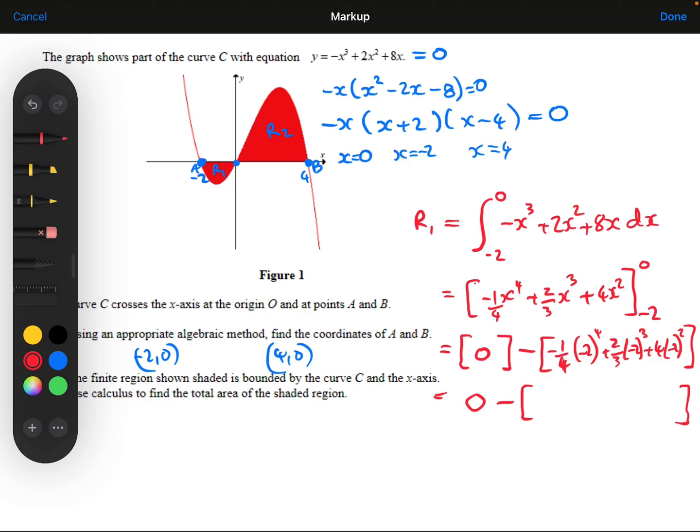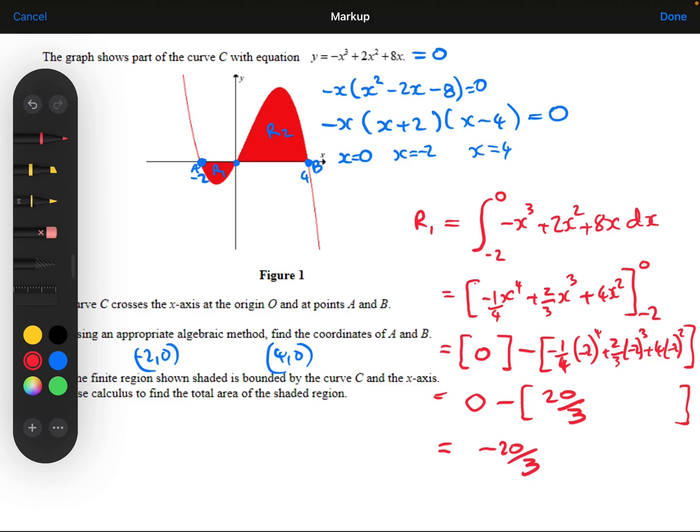So just on my calculator now then. So 0 take away 20 over 3 is minus 20 over 3.